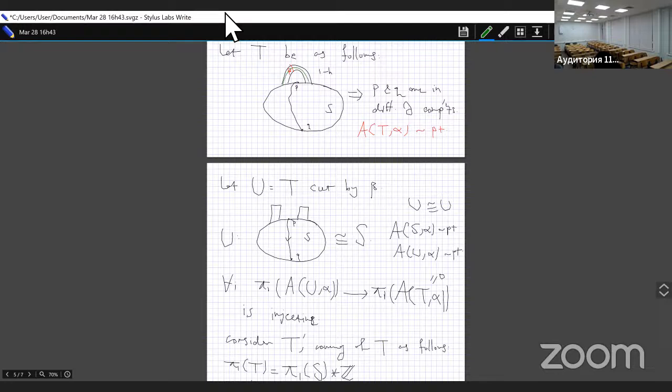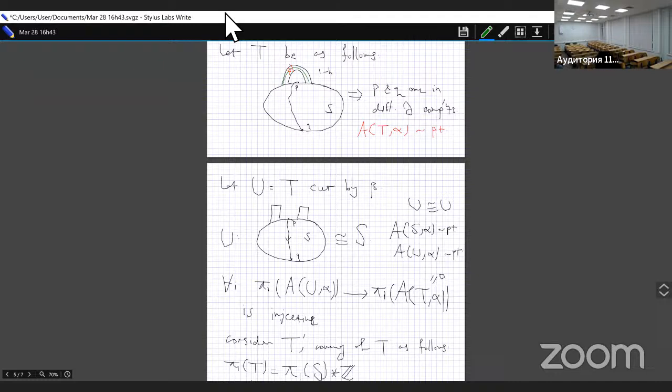Well, it's not completely clear. Okay, so you want me to prove that if I consider this green path, it's not homotopic to alpha, right?